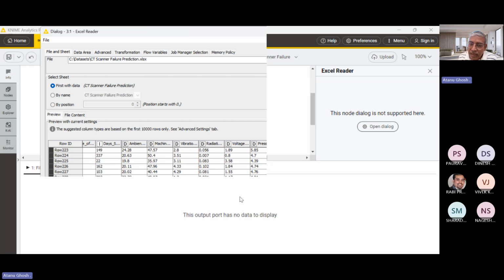Once I identify the opportunity, before I collect the data, I must identify what are the likely factors on which the machine is likely to fail. Correct? Who will do this? Who will say that radiation leakage is likely to have an impact on machine failure, and hence this data should be collected?